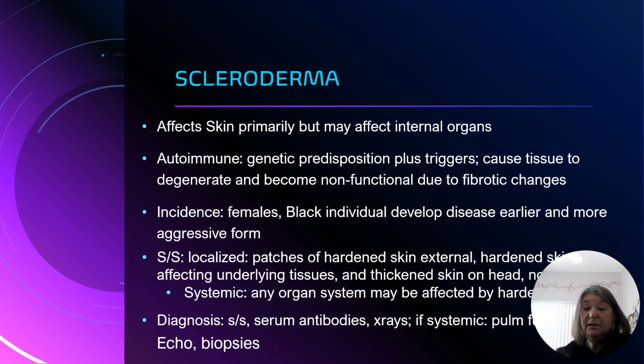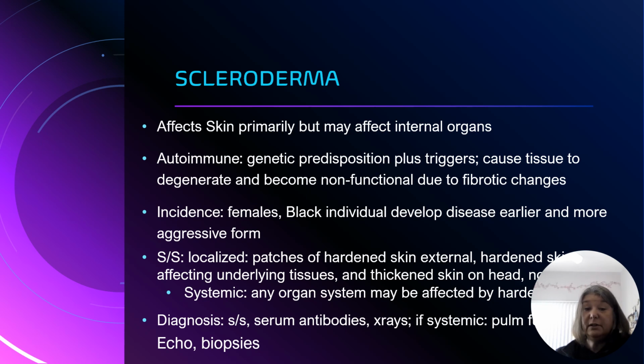I don't know what that means, and I'm sure I'm saying it wrong. This is thickened skin on the head. So these three occur localized. So we have the tissues, we have the skin, and then we have the head. And these will occur individually, okay? Localized scleroderma typically does not affect internal organs.